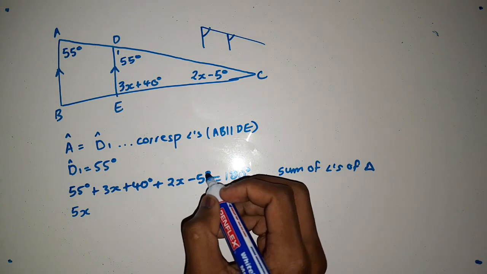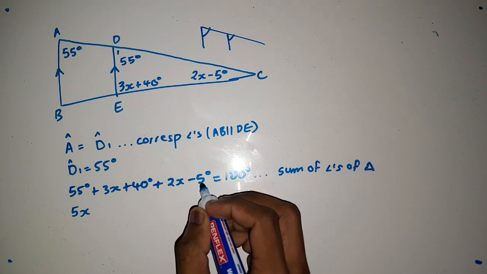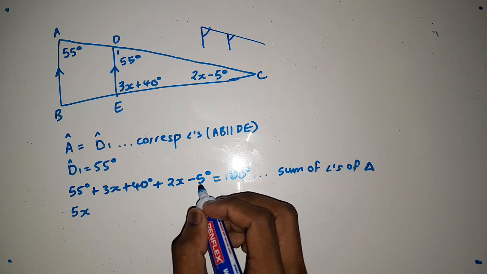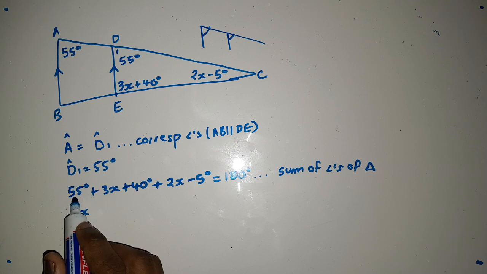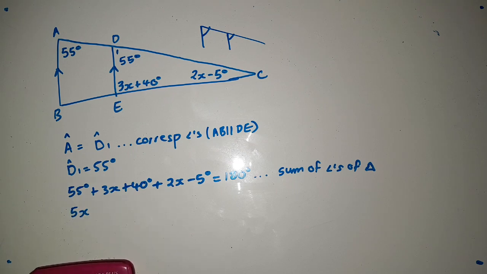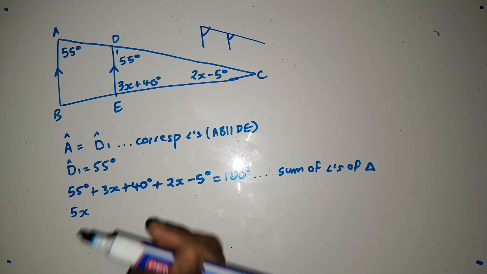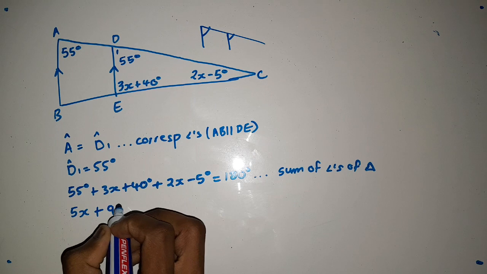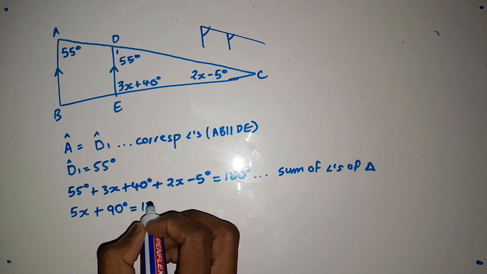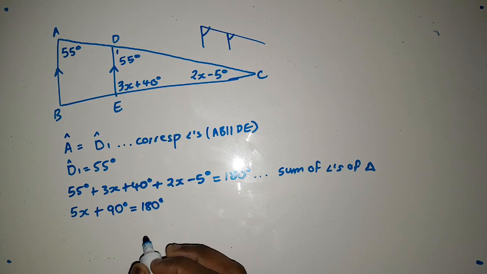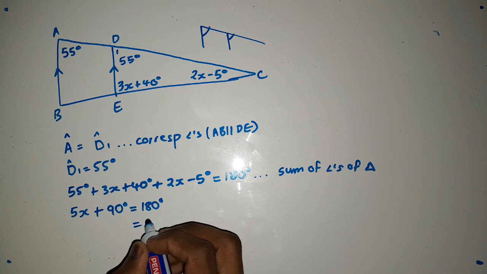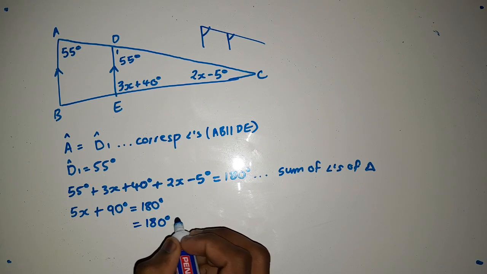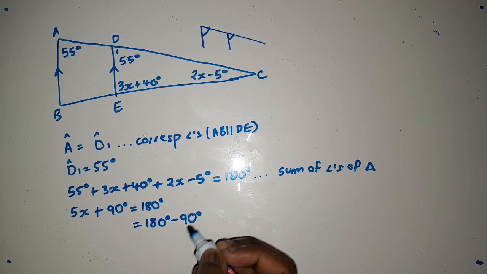Oh, sorry, it's 5. It's correct. Then, okay, we have 55 plus 40 minus 5. You must get 90 plus 5x is equals to 180 like this. Then at this point, you can then take this number to the other side by saying 180 minus 90 like this.